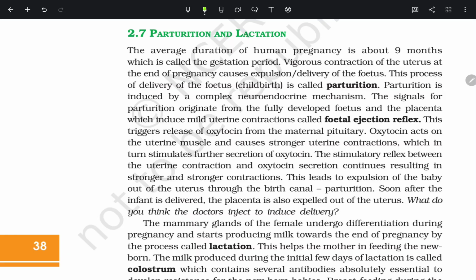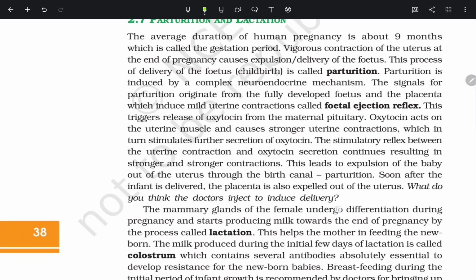The signal for parturition originates from the fully developed fetus and the placenta, which induce mild uterine contractions called the fetal ejection reflex.